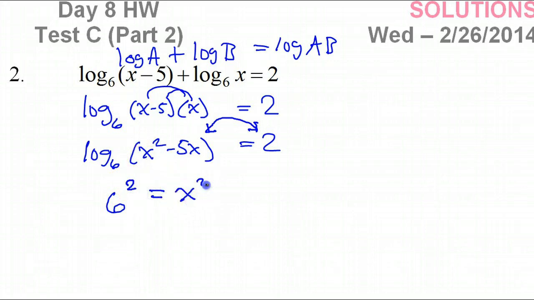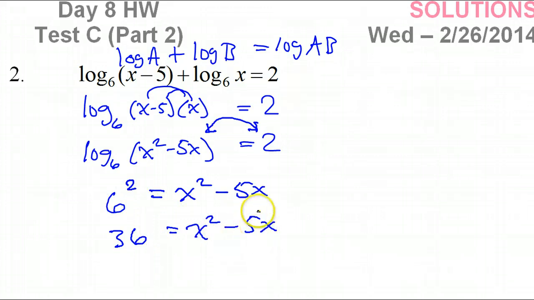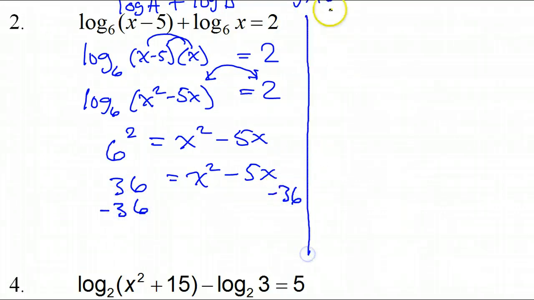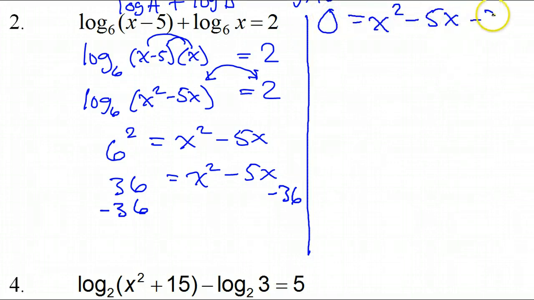And this part will go over here. 6 squared is 36. In order to solve this, we need 0 on one side, so let's subtract 36 from both sides. Okay, so that gives me 0 is equal to x squared minus 5x minus 36.